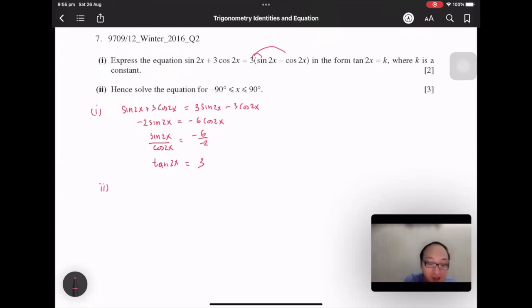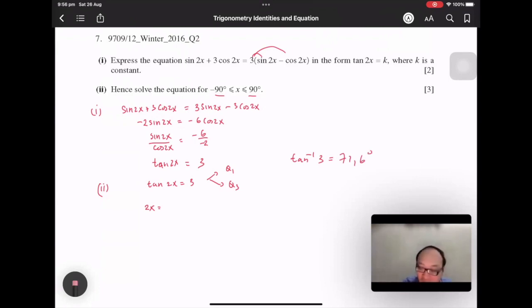And for the second one, solve the equation for negative 90 degrees until 90 degrees. So we solve tangent 2x equals 3. So that means it will be in the first quadrant and the third quadrant, yeah, tangent positive. So for 2x, find the tangent inverse of 3, this is degree mode. So tangent inverse of 3 is equal to 71.6 degrees.